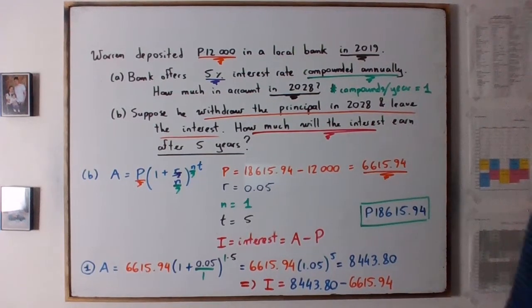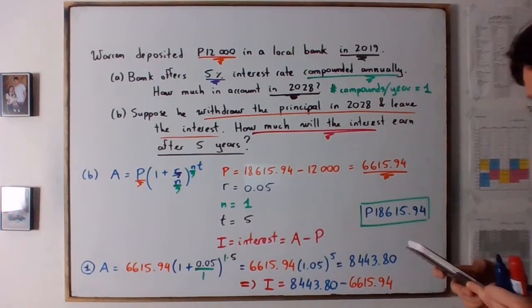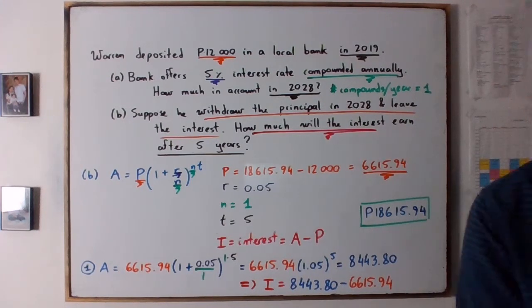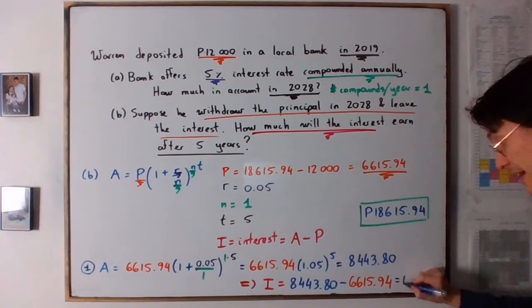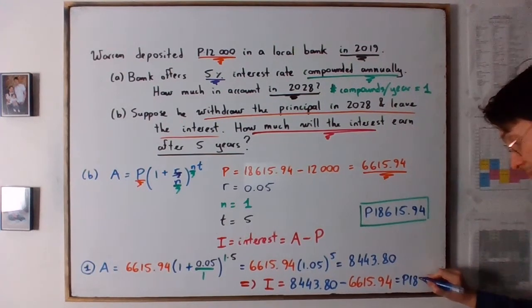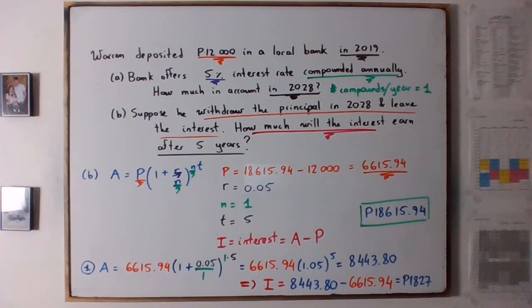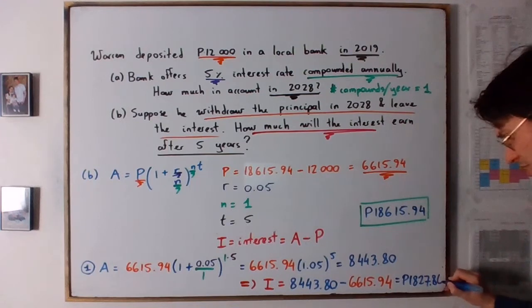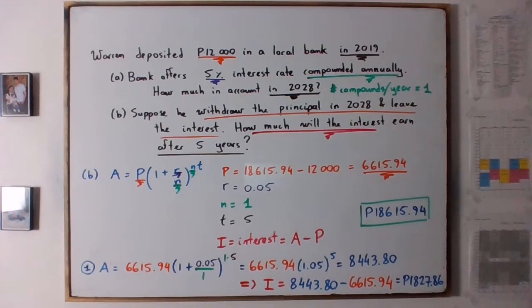So doing the subtraction, minus 6615.94, you finally get the answer that you're earning: 1,827 pesos and 0.86. It's not that precise, but yeah, it is actually precise. You have to be careful.